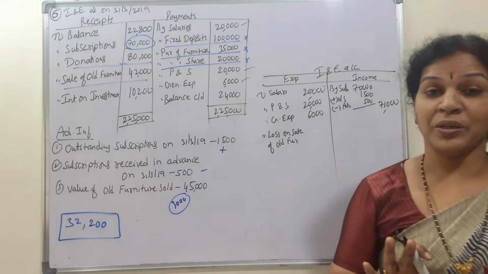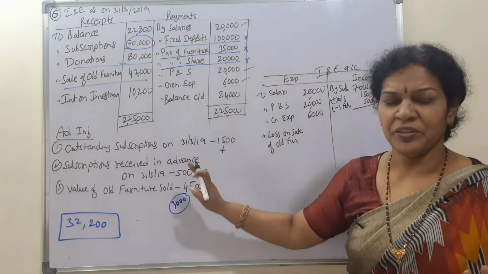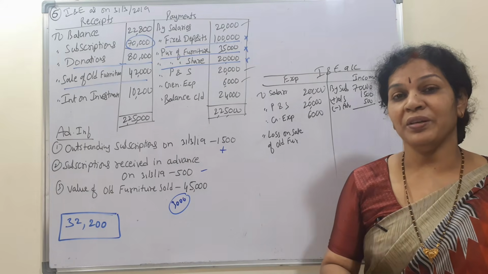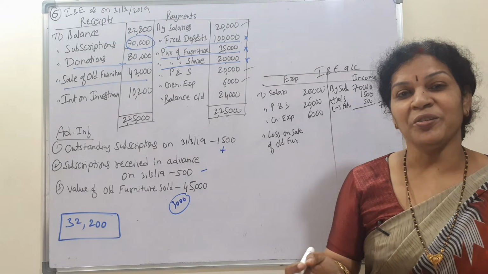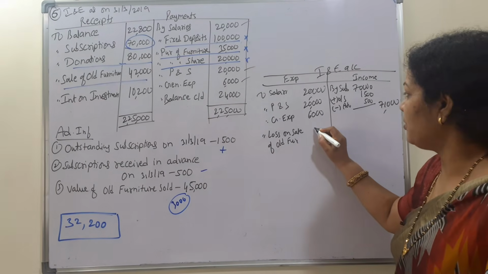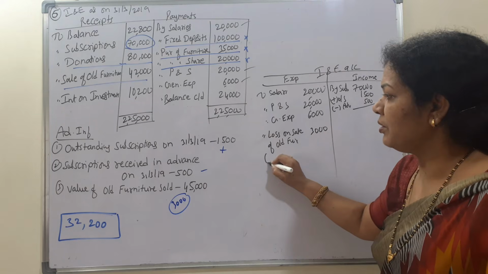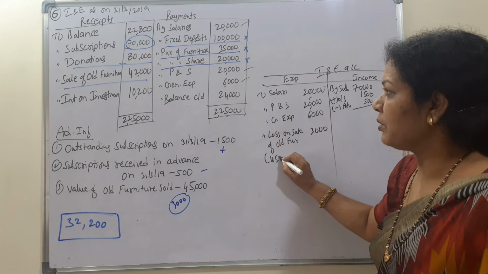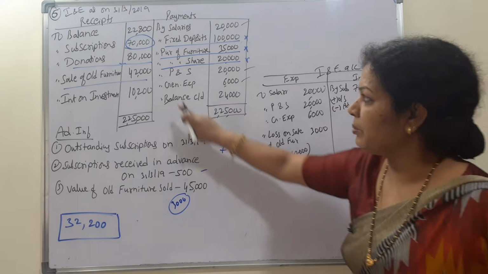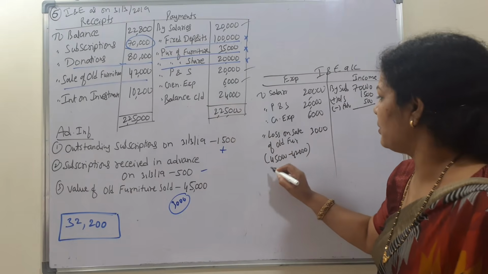The furniture itself we show in the balance sheet on the asset side. When we know the value and the rate at which you have sold, you will know the profit or loss. We know that there is a loss of 3,000. How did you get 3,000? 45,000 minus 42,000. So you got 3,000.